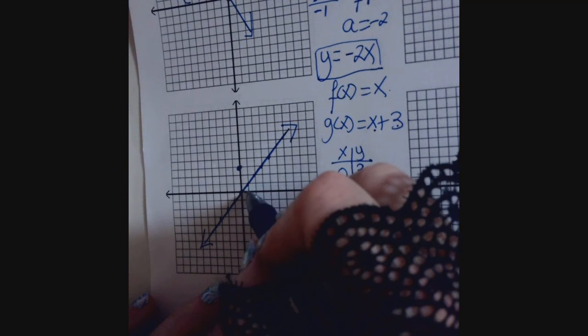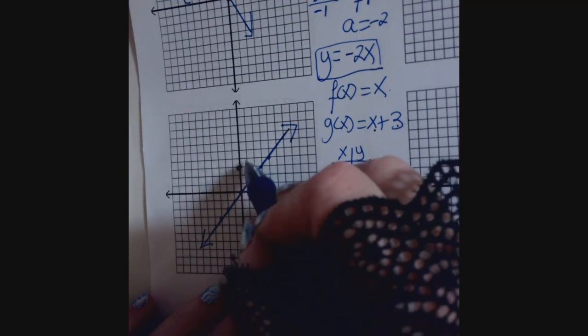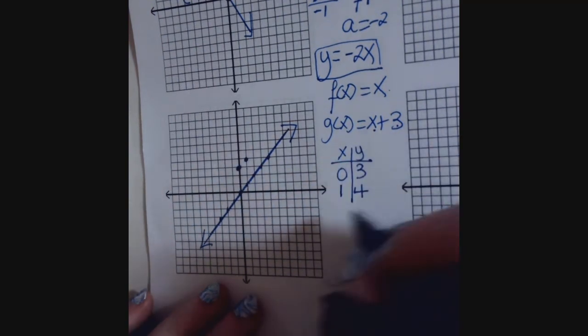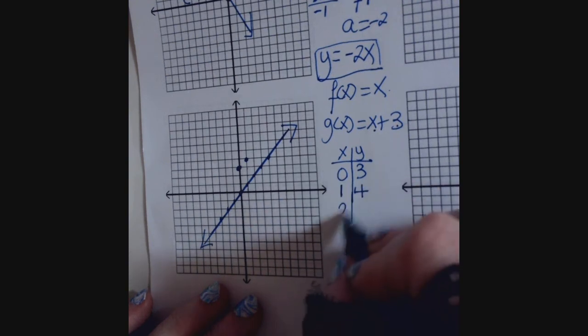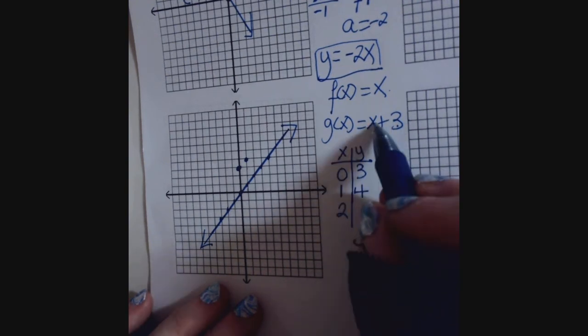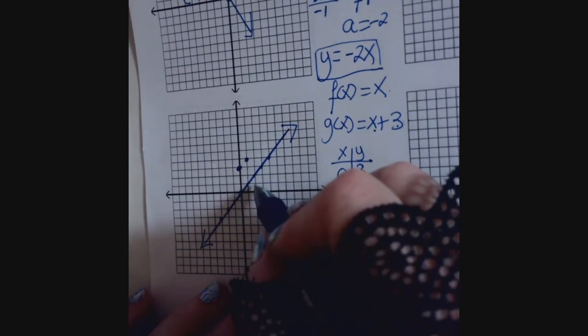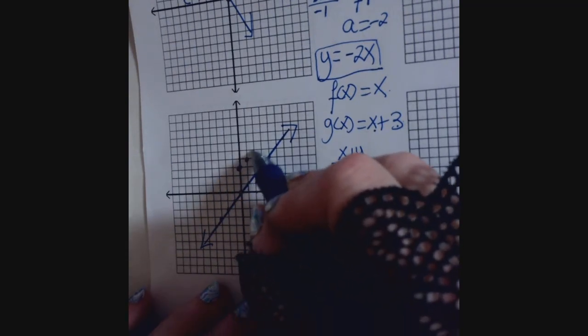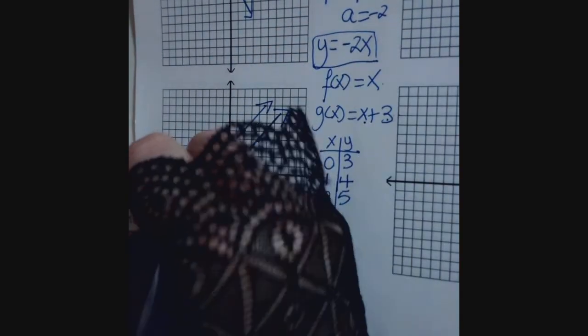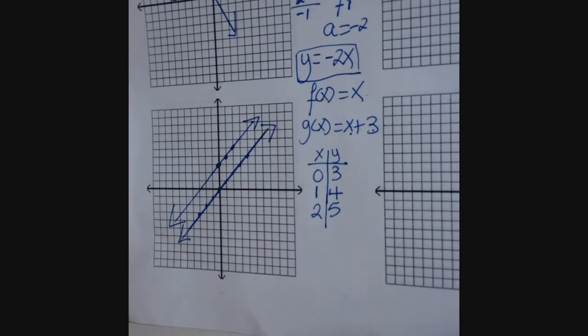So at 1, I don't get 1, 1, I get 1, 4. And then I'll do one more, so say we do 2. So now at 2, 2 plus 3, I get 5. So go over to x of 2 and then 1, 2, 3, 4, 5. Okay? So here is the new line.